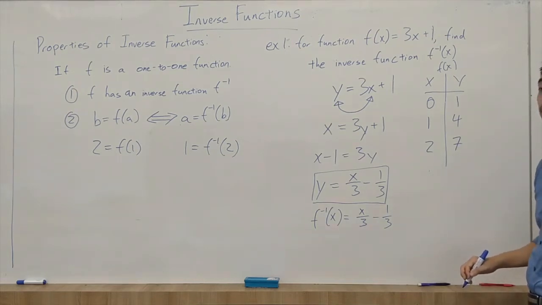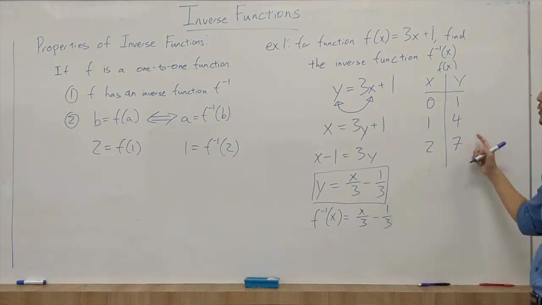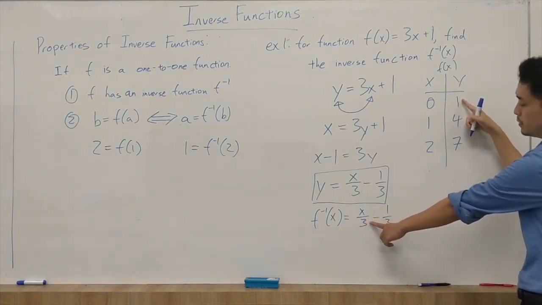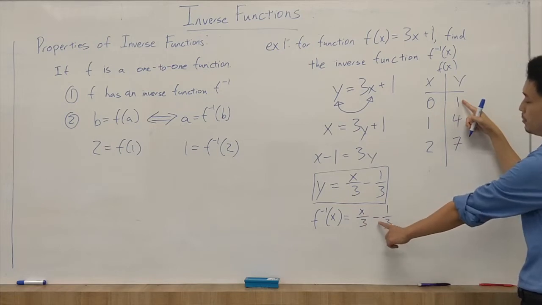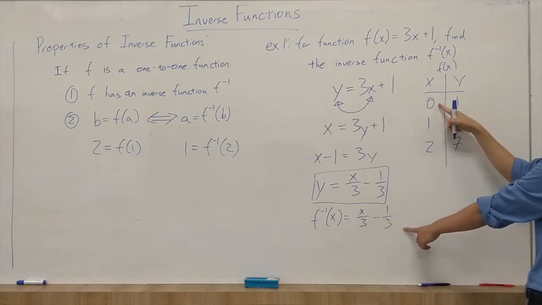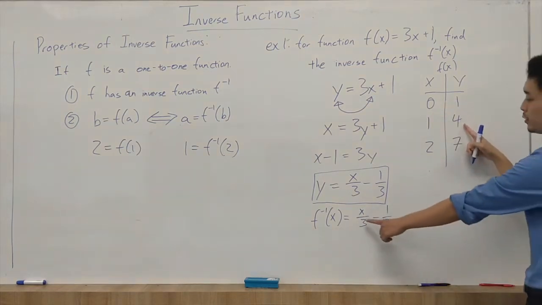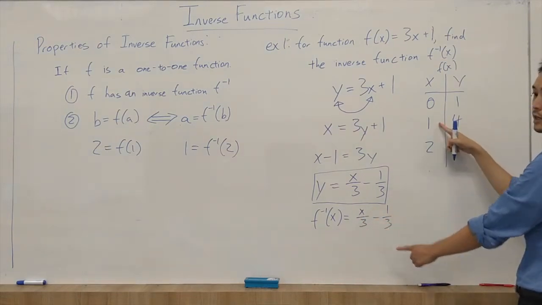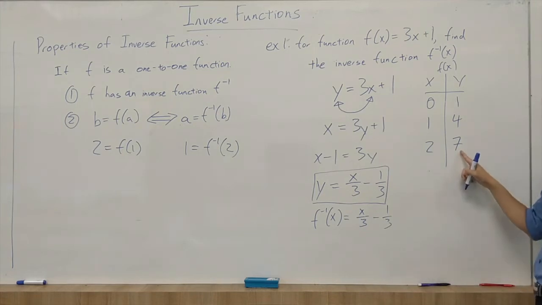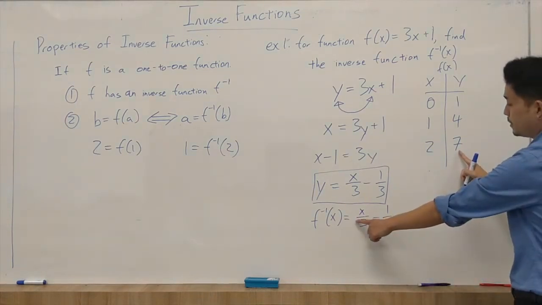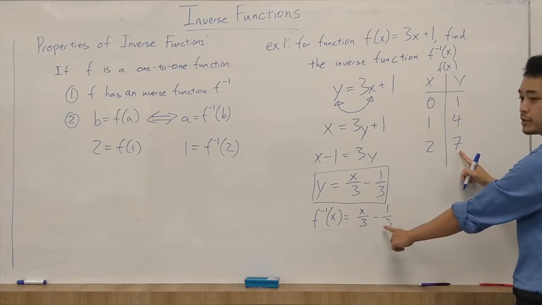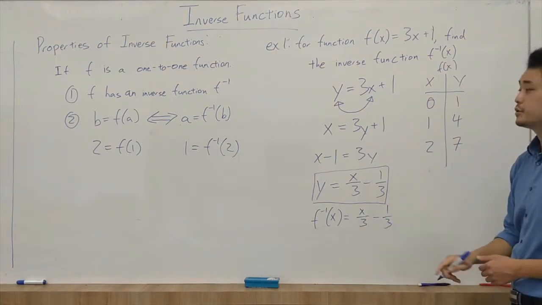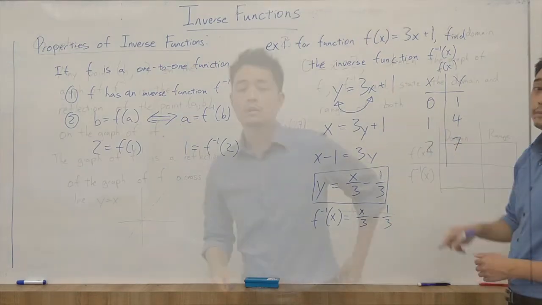Now let's double check and see if the inverse function goes the opposite direction. So if I plug in 1 into here, 1 over 3 minus 1 over 3 is 0. That takes me to here. If I plug in 4 over here, 4 over 3 minus 1 over 3 is 3 over 3, which is 1. If I plug in 7 over here, 7 over 3 minus 1 over 3 is 6 over 3, which is 2. So clearly this is the inverse function of that.